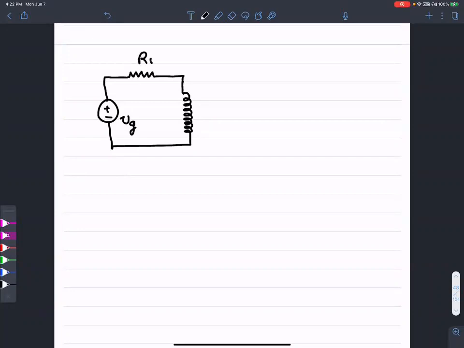We are elaborating on the idea of mutual inductances, and within its proximity there is another inductor L2, which has its own resistance R2 because it's a very long metal wire.